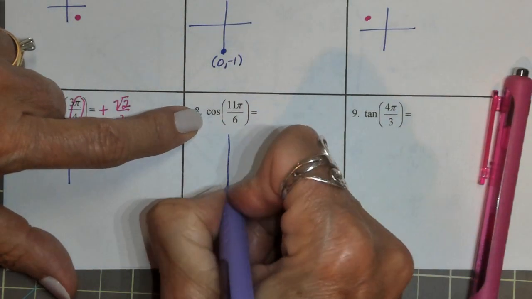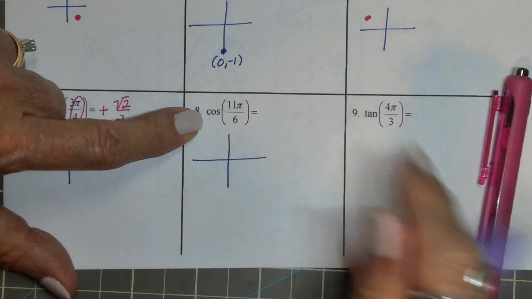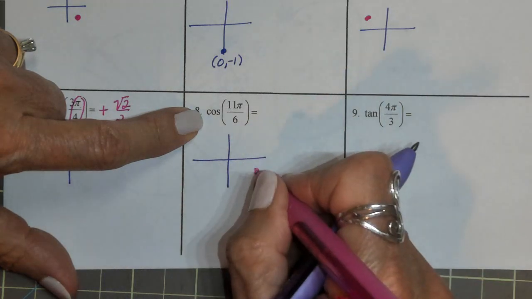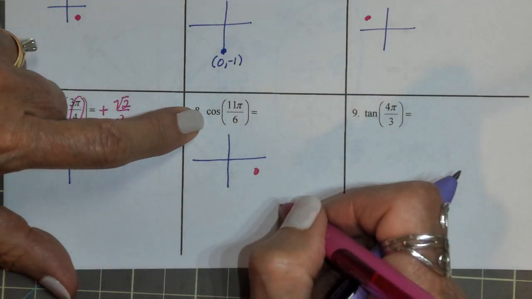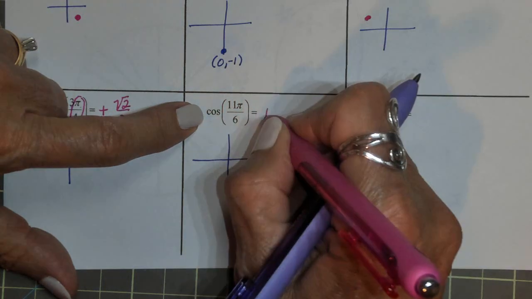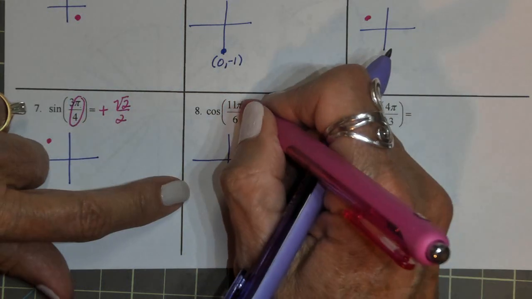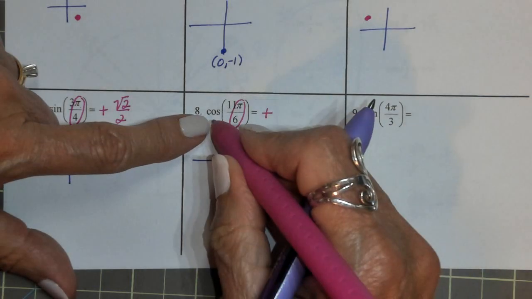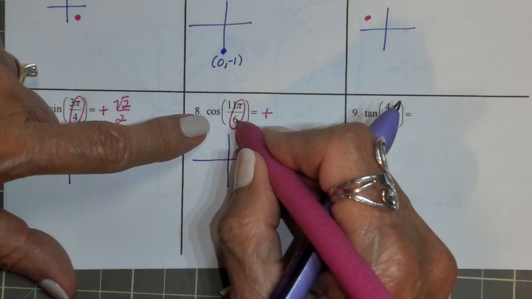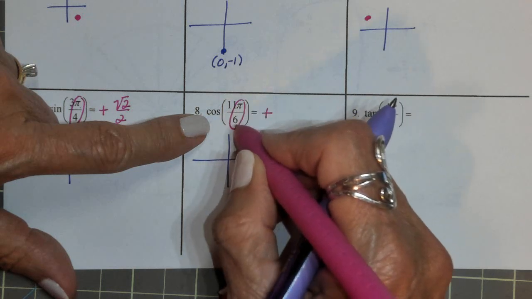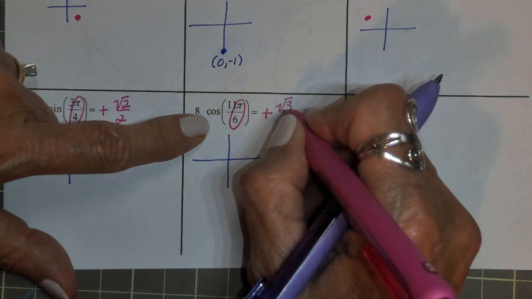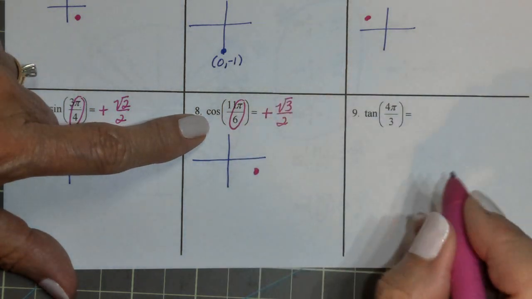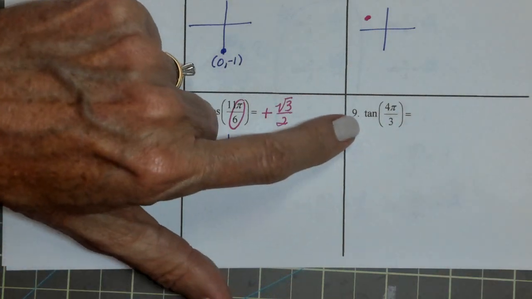Cosine of 11 pi over 6. What quadrant is 11 pi over 6 in? It's down here in quadrant 4, where cosine is positive, and it is a pi over 6 reference angle. Sine of pi over 6 is a half, so cosine of pi over 6, square root 3 over 2. One more.